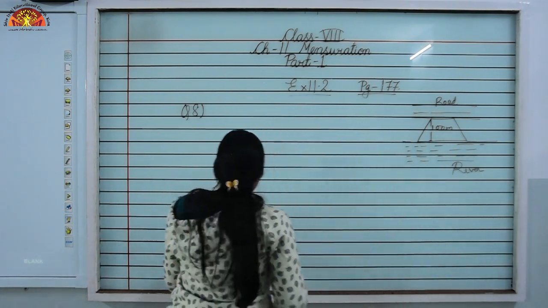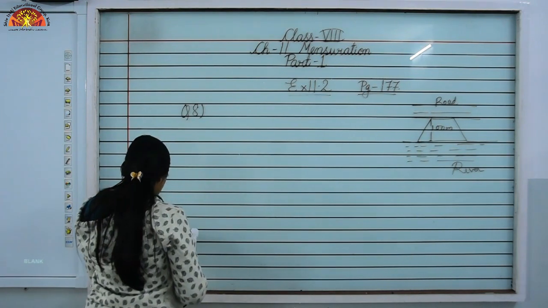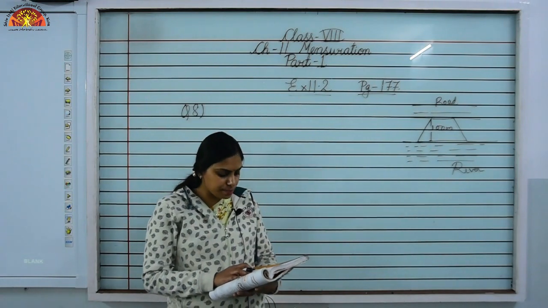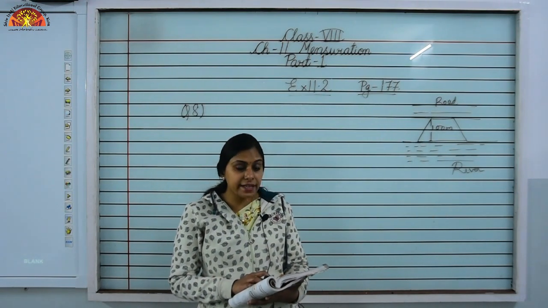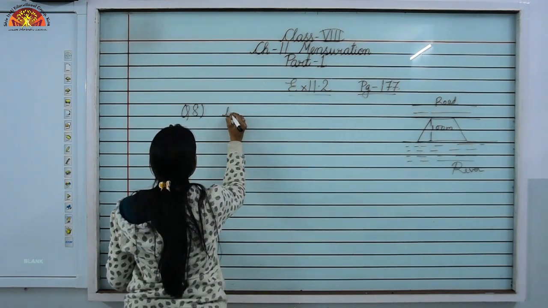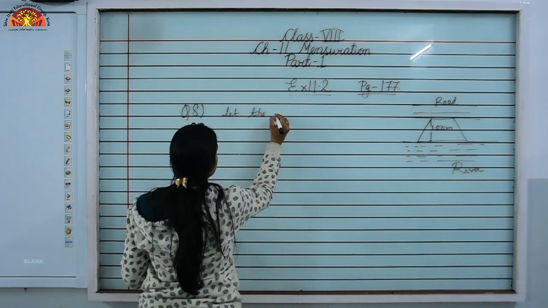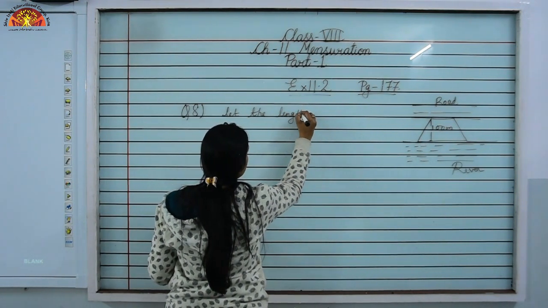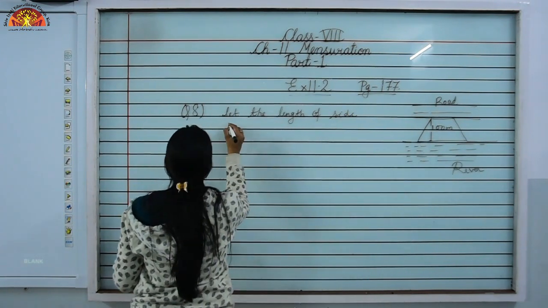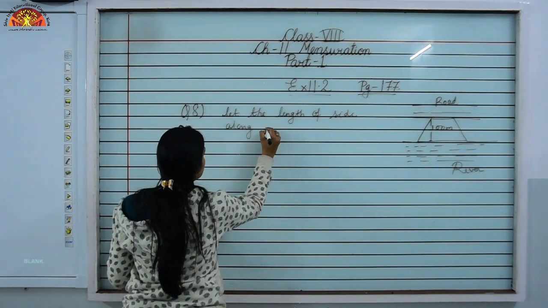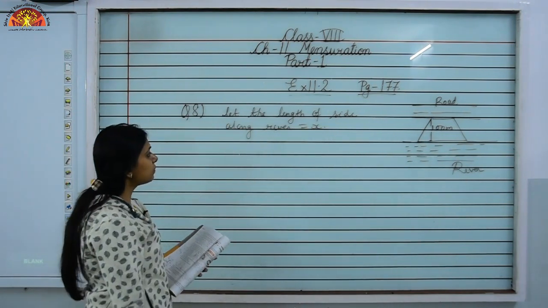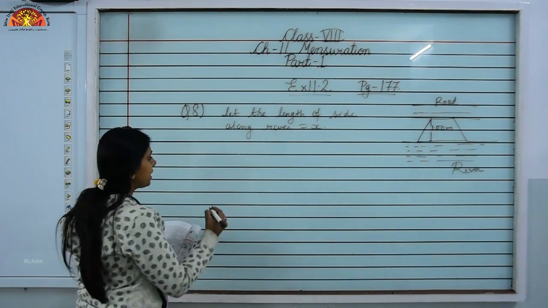Now, what is given to you? First of all, one condition is given to you, that the side along the river is parallel to and twice the side along the road. So we can just write, let the length of the side along the river be equal to x.